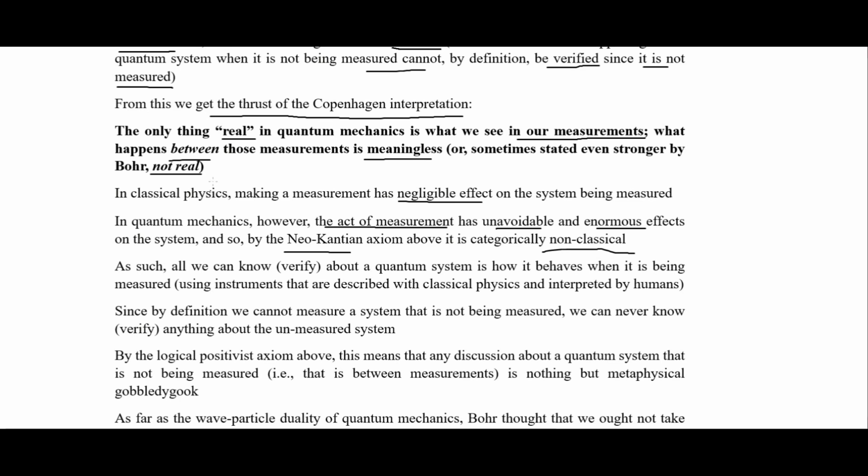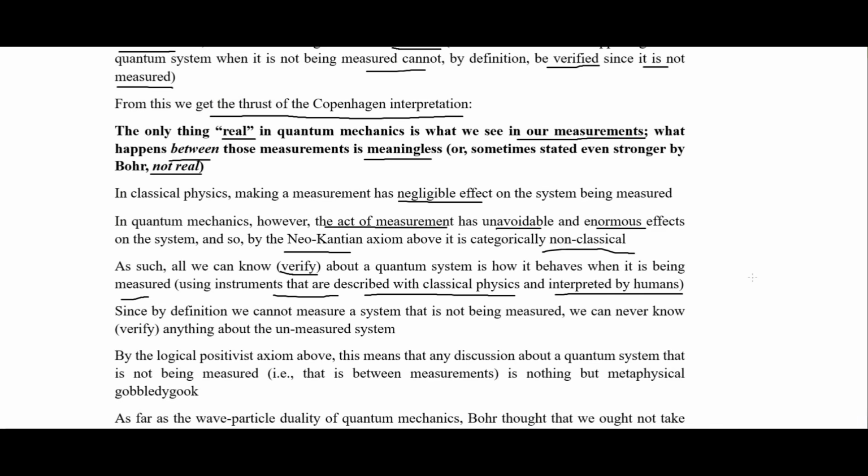And so as such, all we can know or verify about a quantum system is how it behaves when it is being measured, using instruments that are described with classical physics and interpreted by humans. When we actually measure or probe these quantum systems, we're doing it with instruments that essentially translate it into some classical analog of the quantum system.